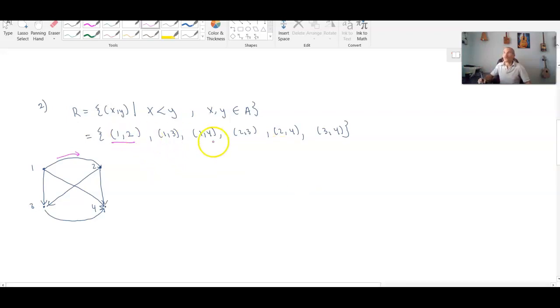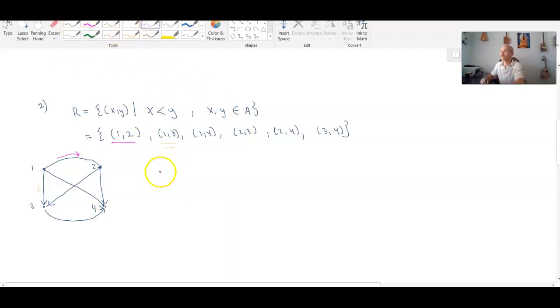So we don't need to go any further than that, because if we have one violation, it doesn't matter if, for example, (1,3) were in there, and then (3,1) was in there. If we did have an arrow going back to 1 like this, we've still already violated the symmetric property on at least one of the ordered pairs. Therefore, this would not have the symmetric property.